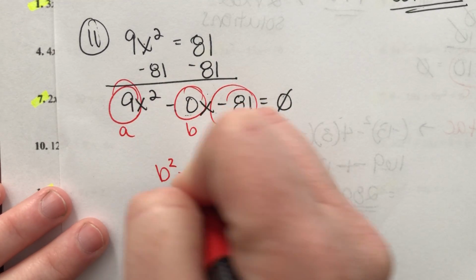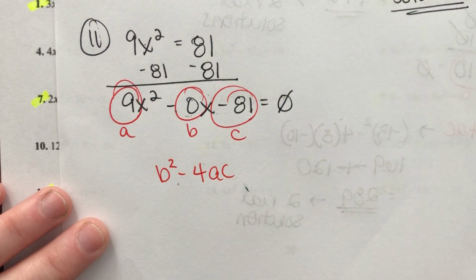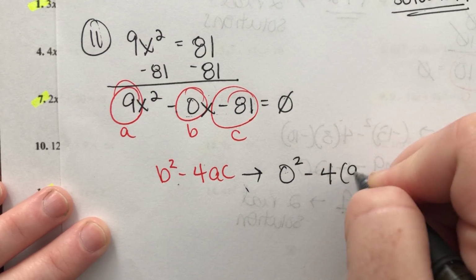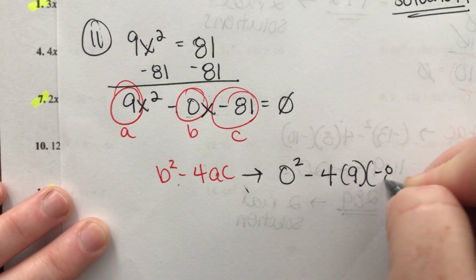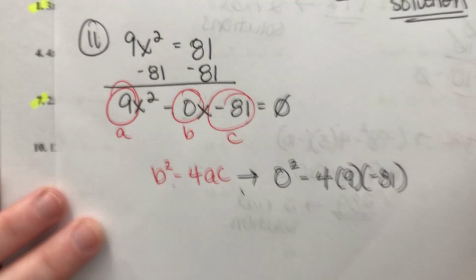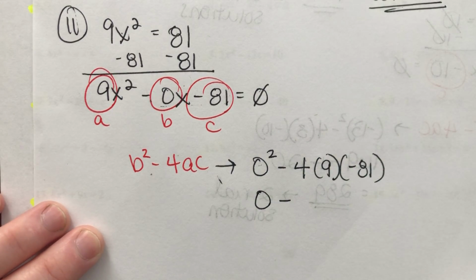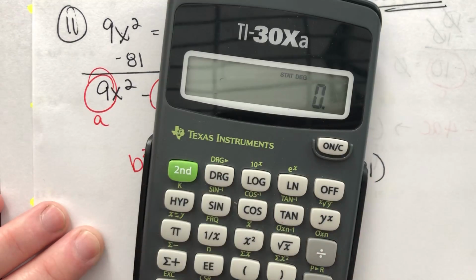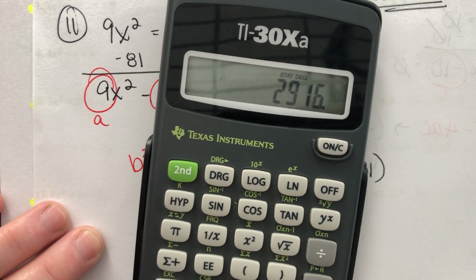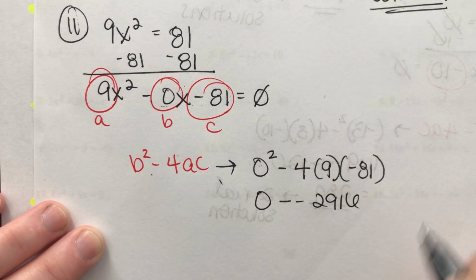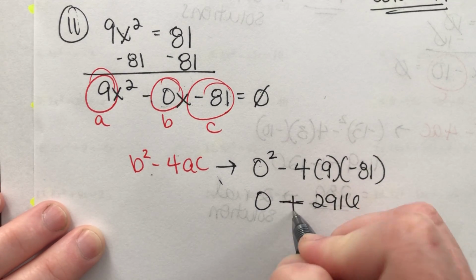So when I do b squared minus 4ac, I get 0 squared minus 4 times 9 times negative 81. Okay, so far so good. So that's 0 minus 4 times 9 is 36. 36 times 81 equals 2916, and that's negative, so it ends up being plus.